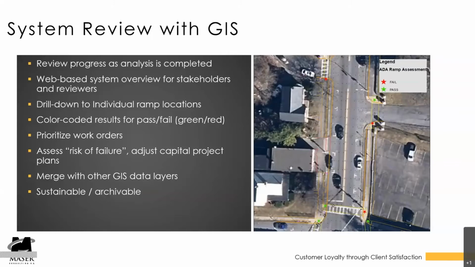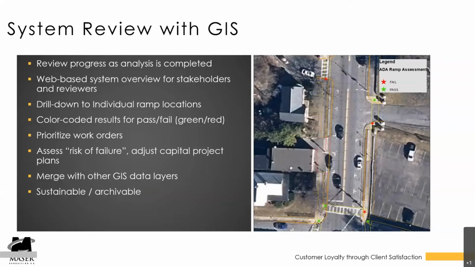I think the next thing to think about is how do you take that information and then prioritize what needs to be done. We all have limited funds and capital investments that are being made to repair these things, but where do you go first? How do you know which ones are the most important? Maybe you're looking at the most important intersections in the downtown area. They obviously are going to have higher priority, but you could take a look at which ones are passing, which ones are failing, knowing how to really assess what needs to be done.